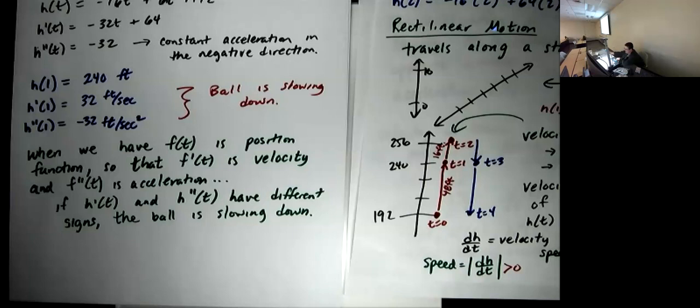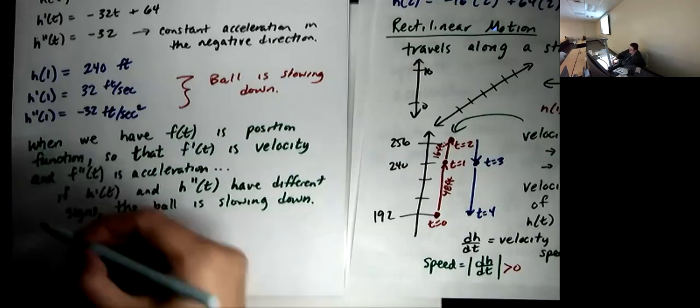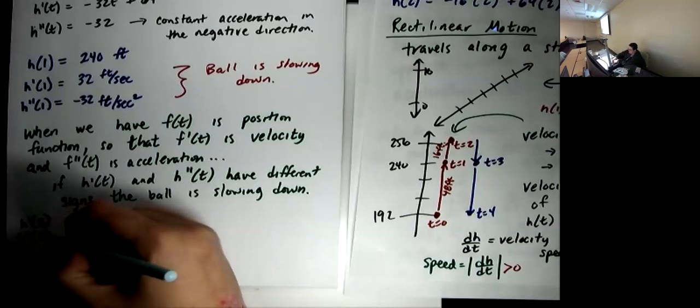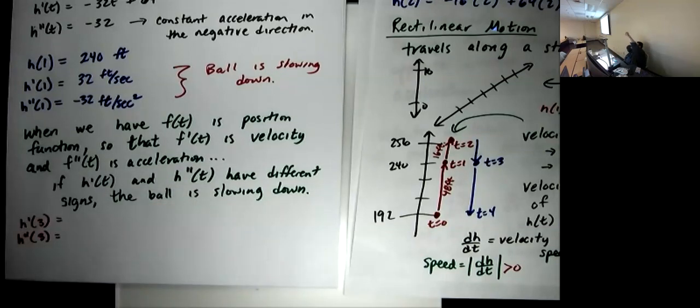Let's look at h at 3, h prime at 3 and h double prime at 3. What's going on there? See if I can do the units right this time.